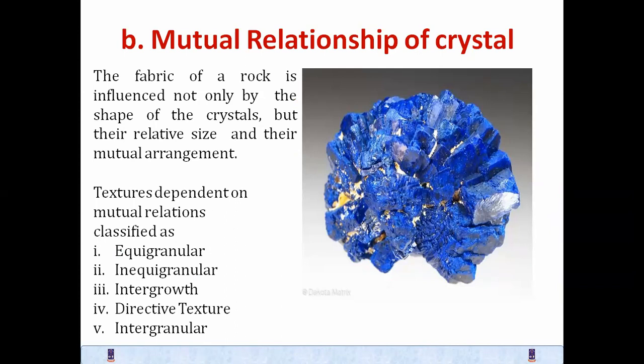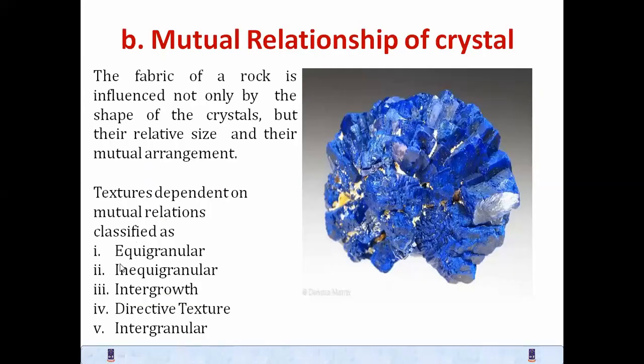So these are the important types of texture: equigranular, inequigranular, intergrowth, directive texture, and intergranular texture. Okay, so we have to discuss these textures, and these textures are very important. Now we will discuss one by one.